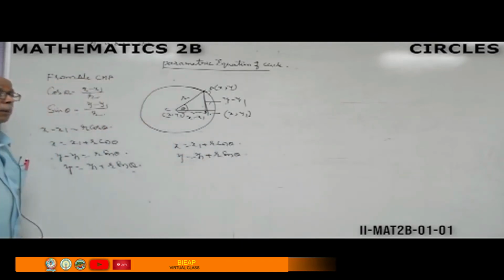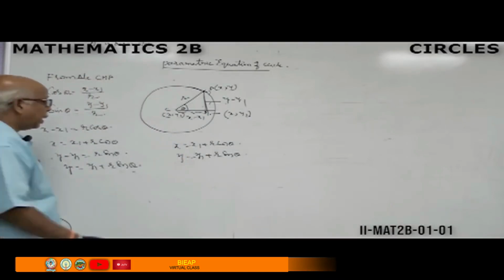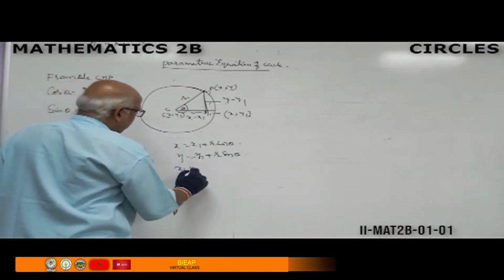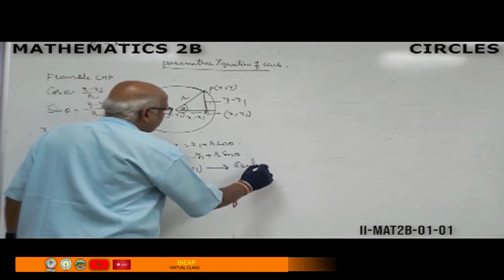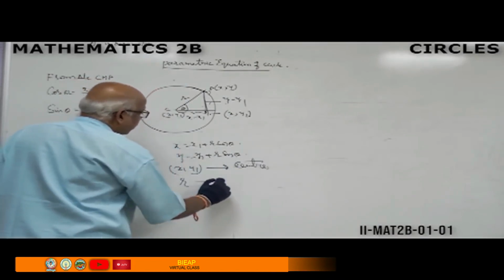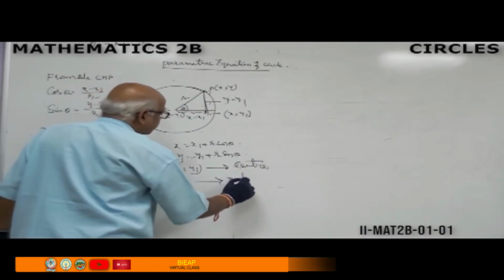These two are called parametric equations. And in this, (x1, y1) represents the center and r represents the radius.